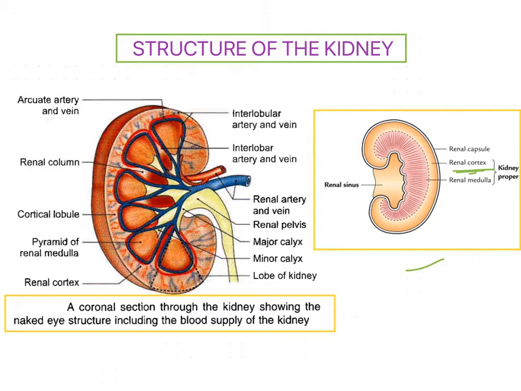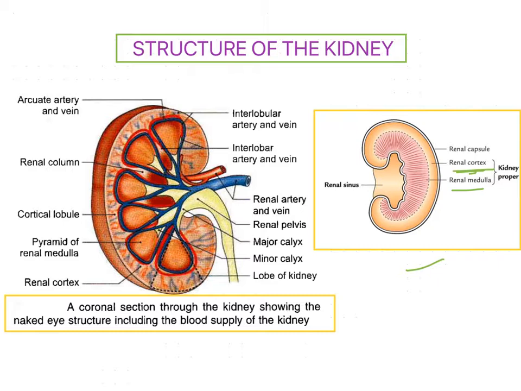The outermost layer of the kidney, nearer to the renal capsule, is the renal cortex, and the inner layer, pale in appearance, shows the medulla.